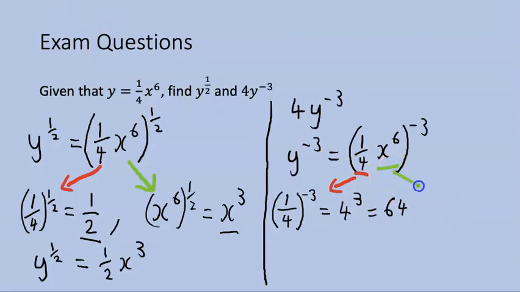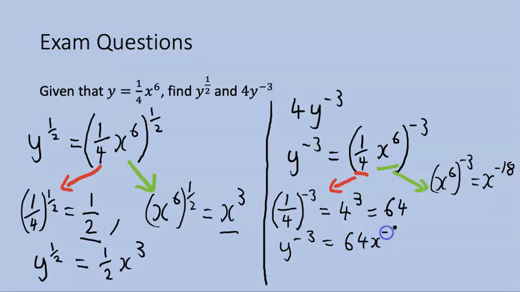Then I deal with the x to the 6. X to the 6 taken to the power of minus 3 gives me x to the minus 18. Therefore, y to the minus 3 is going to give me 64x to the minus 18.